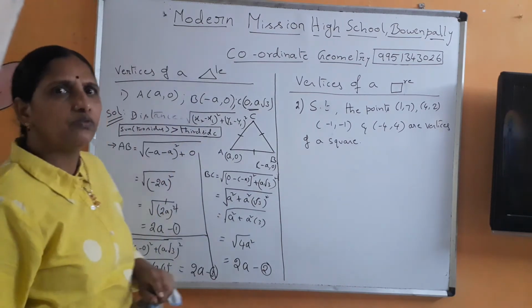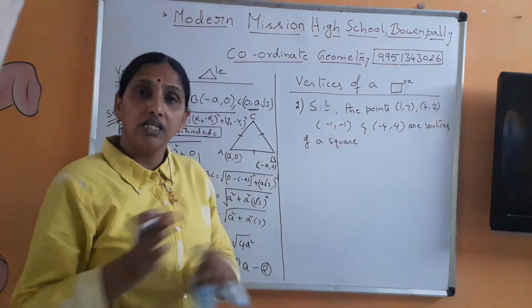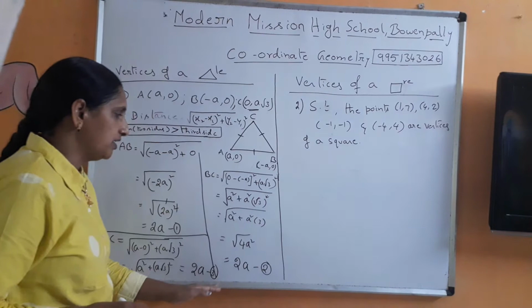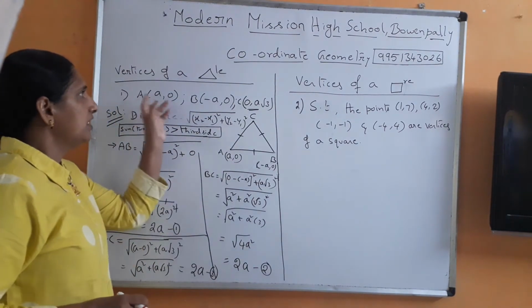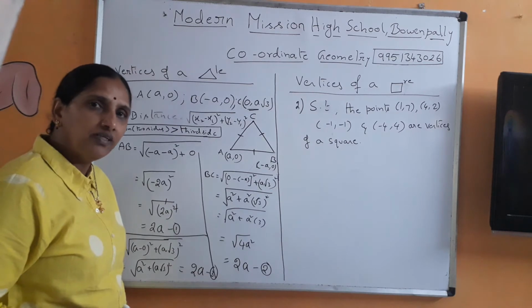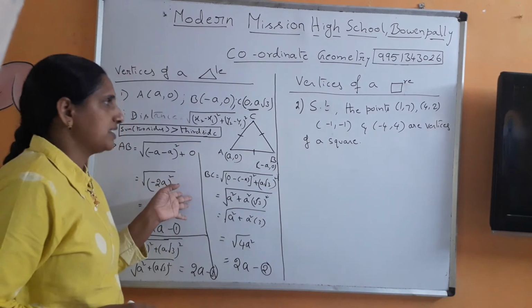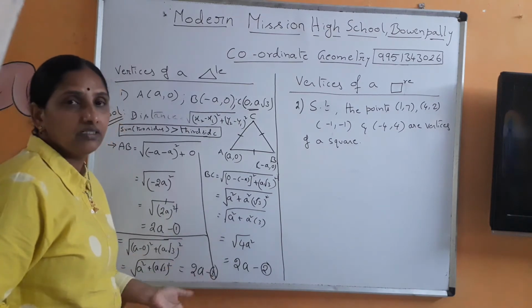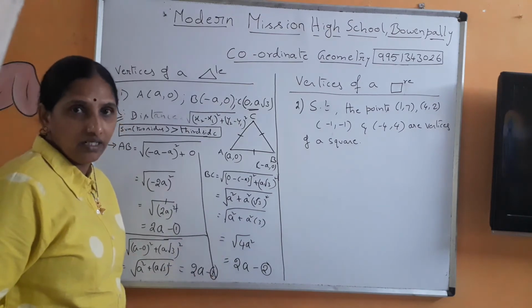Any two sides you have to take and compare with the leftover side. If that condition is satisfied, it means the three given points form the vertices of a triangle. Here in this example, we got all three sides to be equal, therefore it is an equilateral triangle.